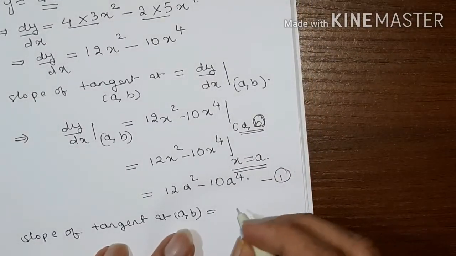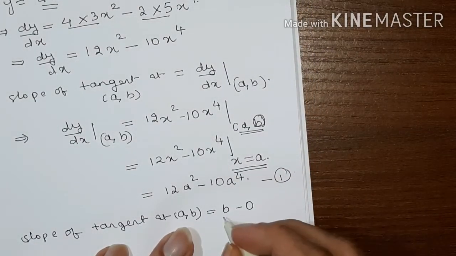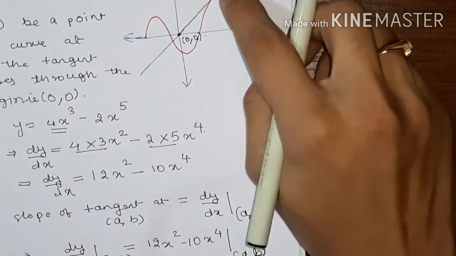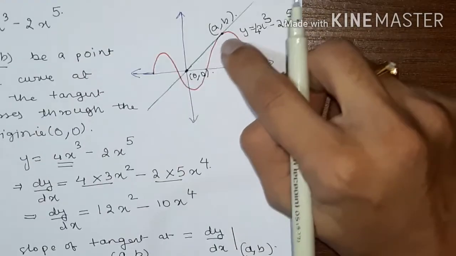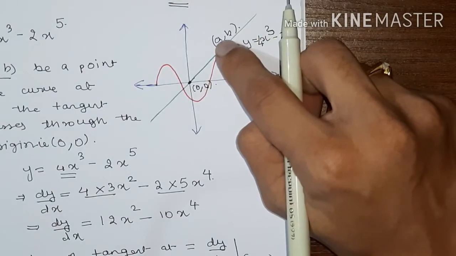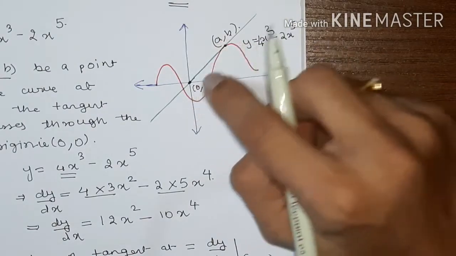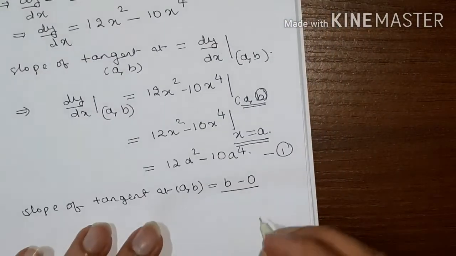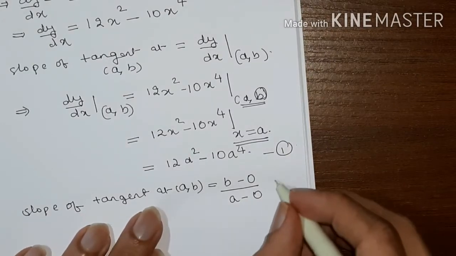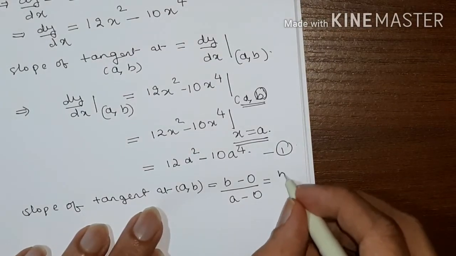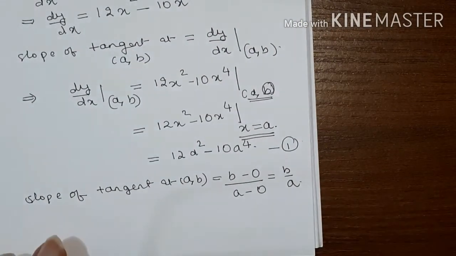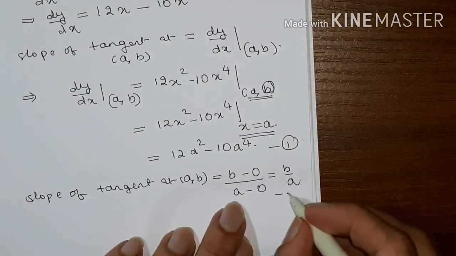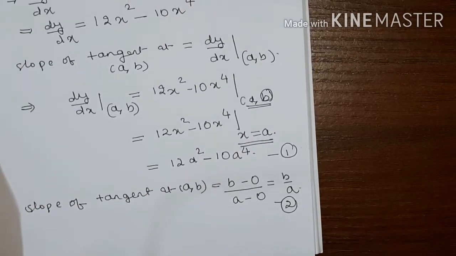So b minus 0 divided by a minus 0, which is equal to b divided by a. This is the slope we get.